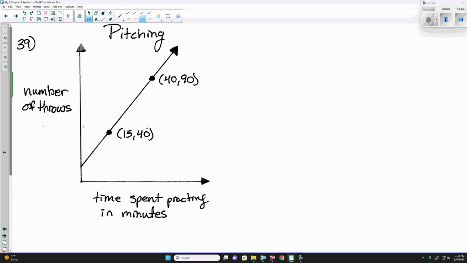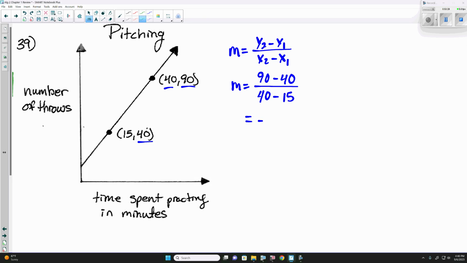Now we have our next one here. Now the first thing we need to do is find the slope. Well, our slope is y2 minus y1 over x2 minus x1. Well, our two y values, one of them is 90, the other is 40. So we can do 90 minus 40. 90's corresponding x value, incidentally, is 40, and the other x value is 15.